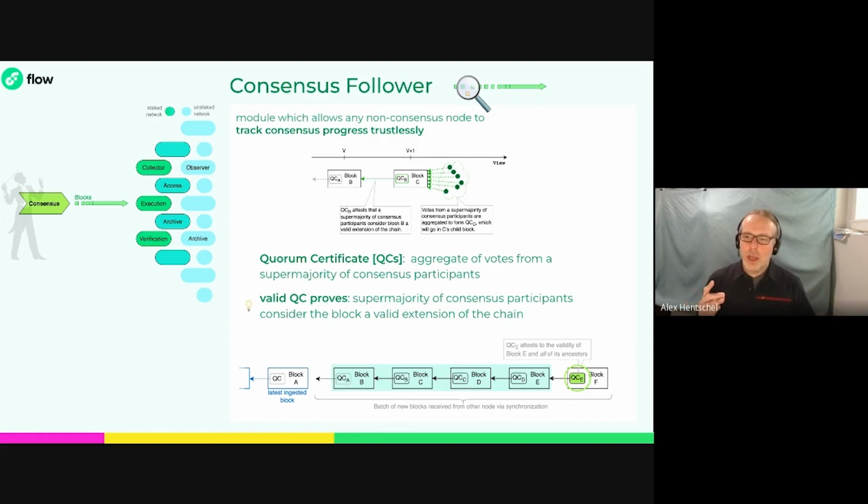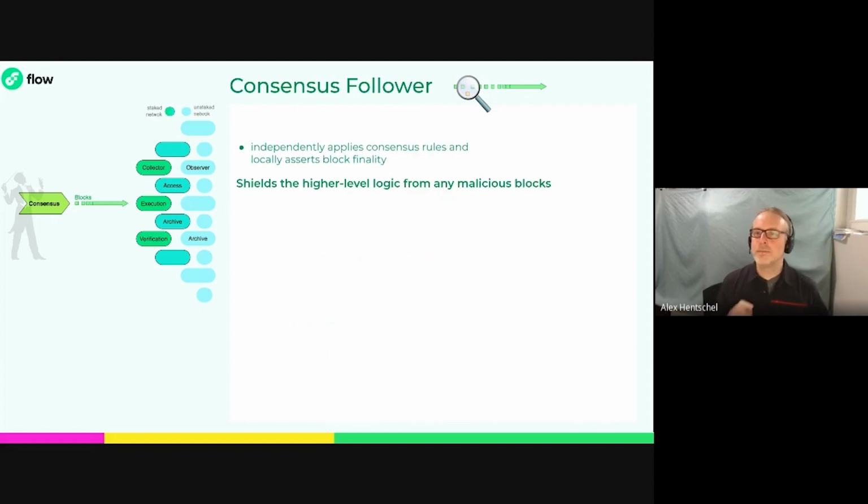And this insight, that I only have to verify one QC, and then I know that the entire fork is valid and is considered valid by the consensus nodes, is a huge advantage. That underlies essentially all the optimizations we've done in the consensus follower, and we've restructured it to utilize those insights for performance and resilience purposes.